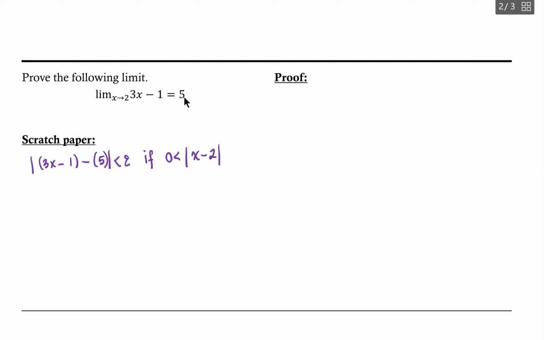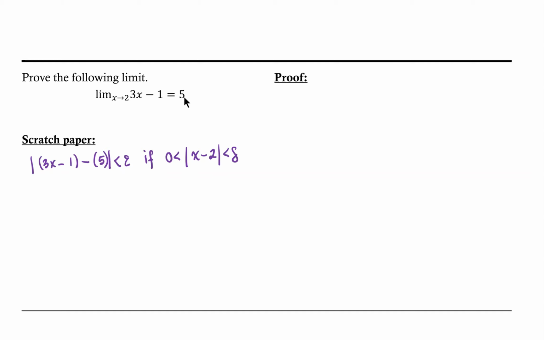And so we express that idea of our interval being close enough, small enough around 2, as 0 less than the absolute value of x minus 2 less than delta.